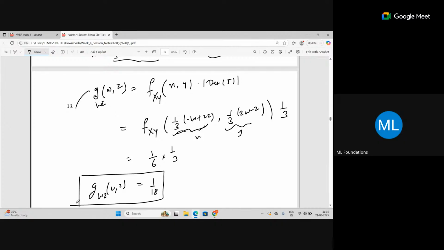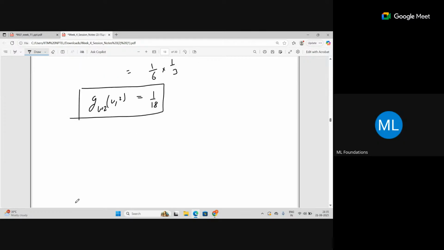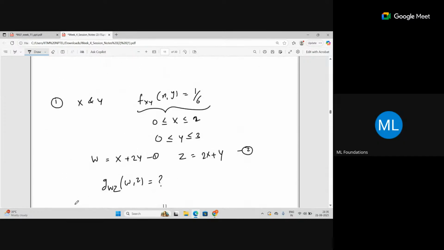Let us try to see the support. What was the support of x and y? If you look at the example again, x is between 0 and 2 and y is between 0 and 3. So if I try to draw the support here, let's say it is x here and y here. The support was the area between this.